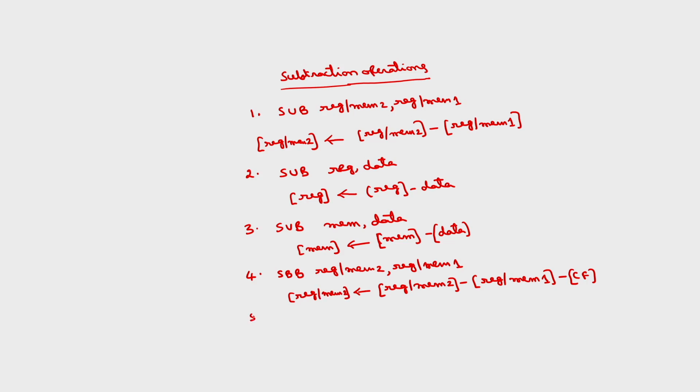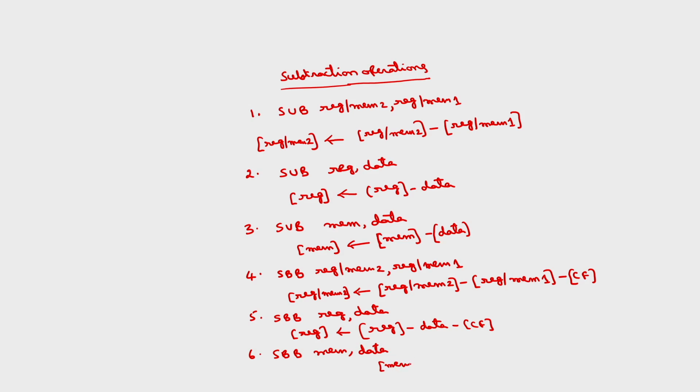Similarly, the case with the other two instructions: SBB register comma data. So, register contents minus data minus carry flag is stored in the register. Next one is memory comma data.